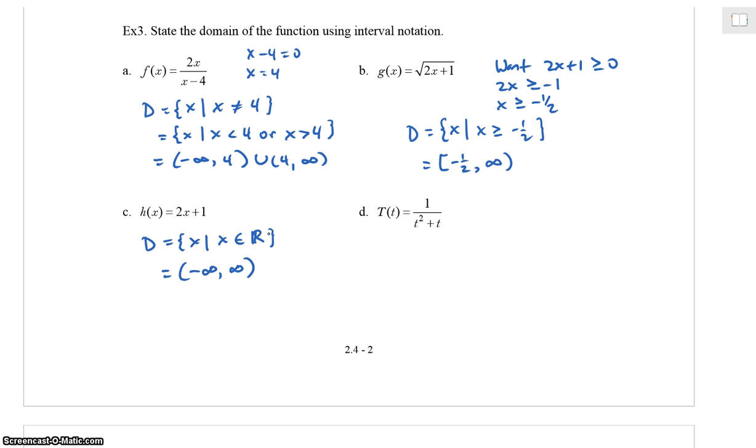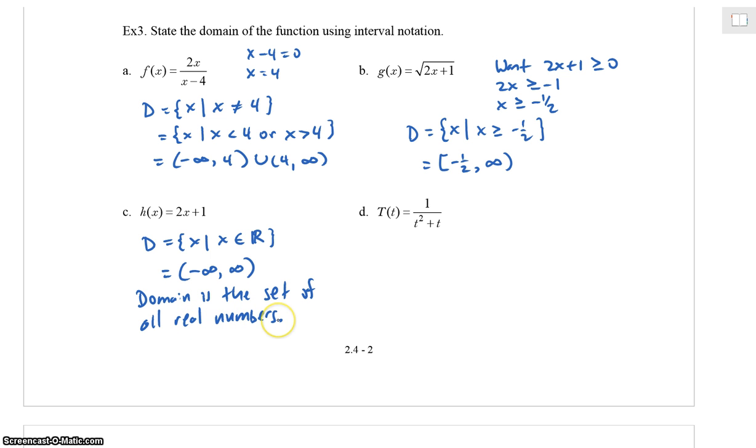So the set of all real numbers. So the domain is the set of all real numbers. So this function has an unrestricted domain.